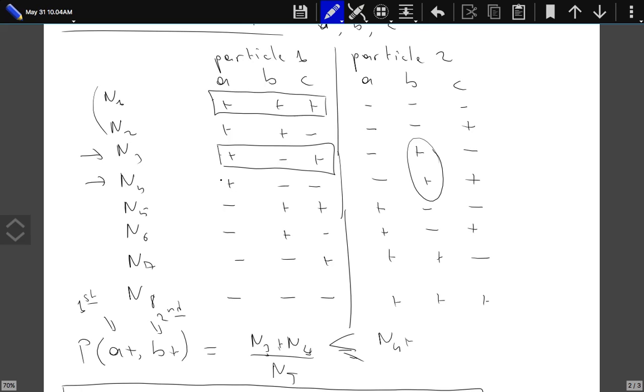A plus and C plus is N4 and N2 over N total plus, let's see, N3 and A plus C minus is N3 and N1.